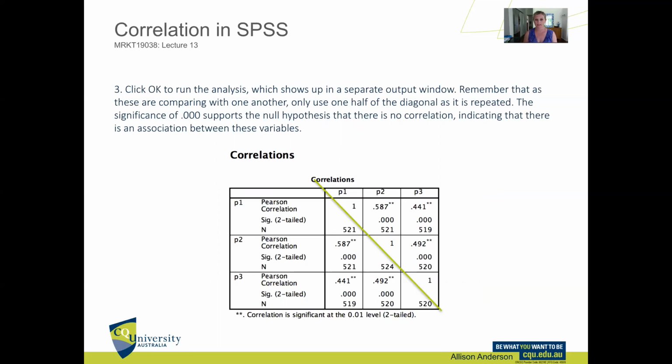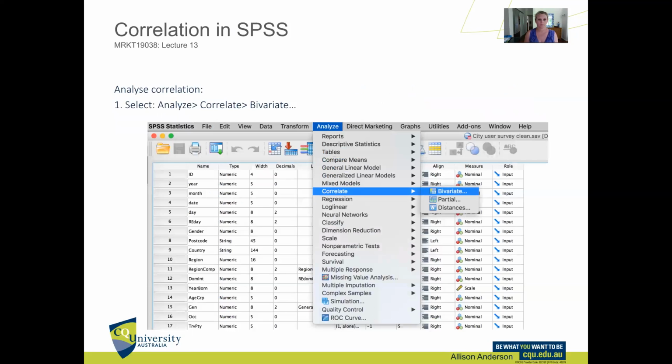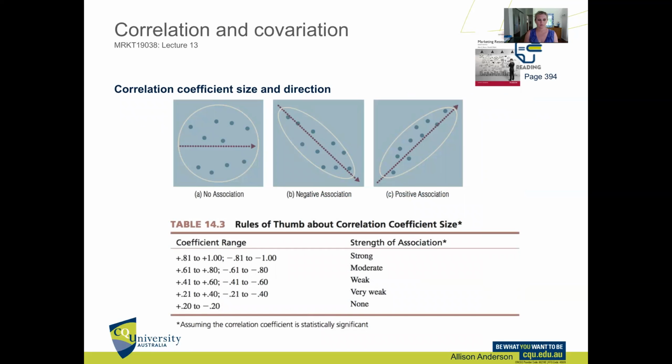When you look at that, we got 0.441 for P3 to P1. What's 0.441 here? 0.441 is between 0.41 and 0.6. So that's a weak association.